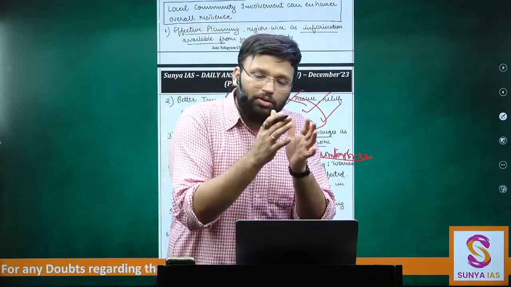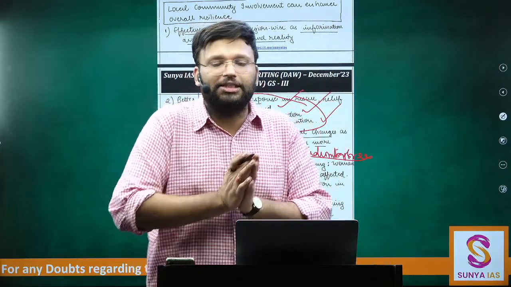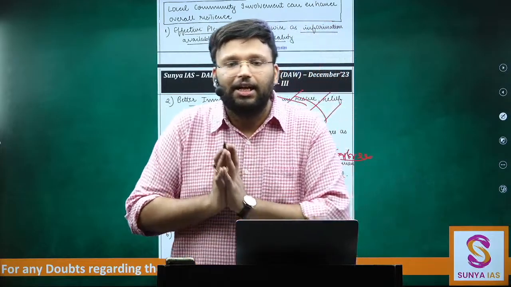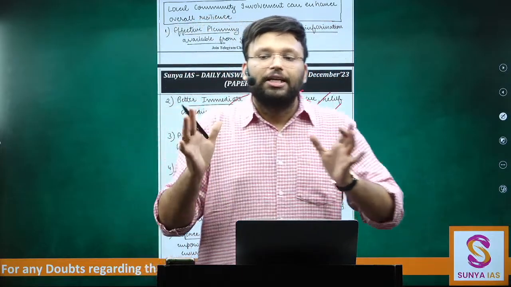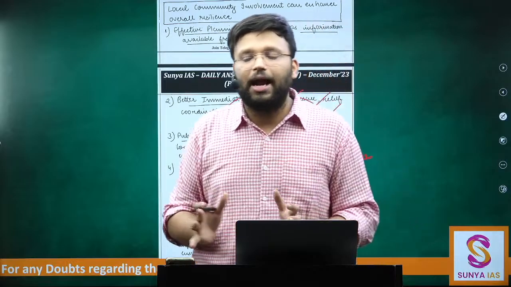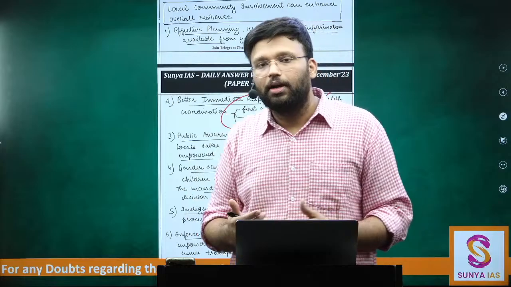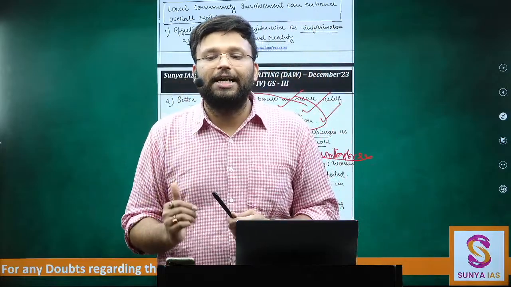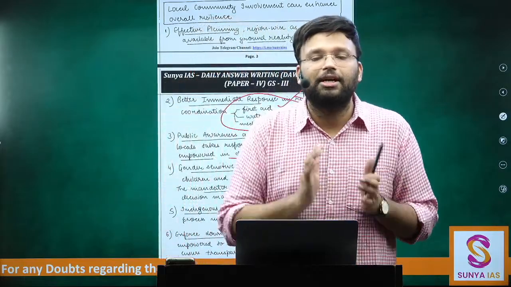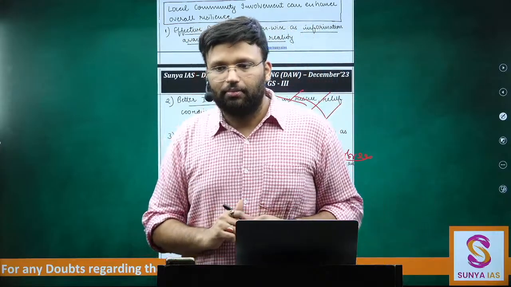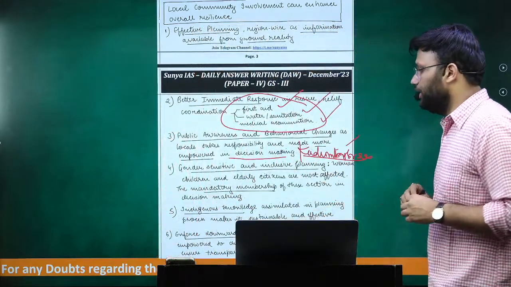So how these community organizations like NGOs, SHGs, Panchayati Raj institutions collaborate together and form a partnership with the national and state authorities to deliver the goods in the best possible manner, right? So you can give the example of Kudumbashree.